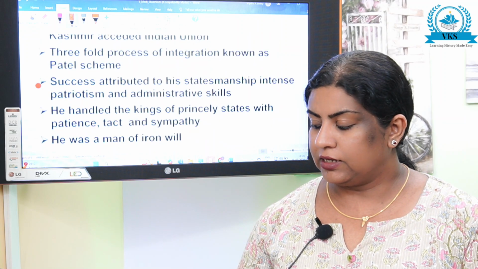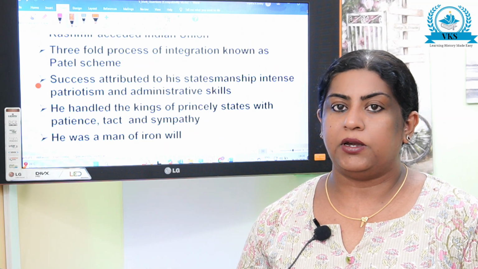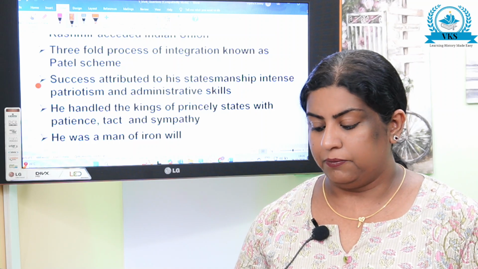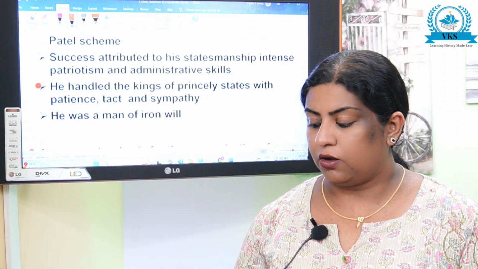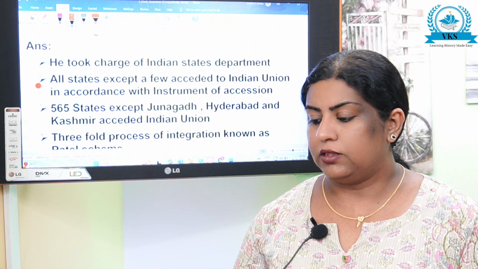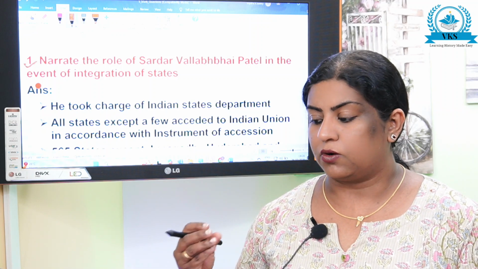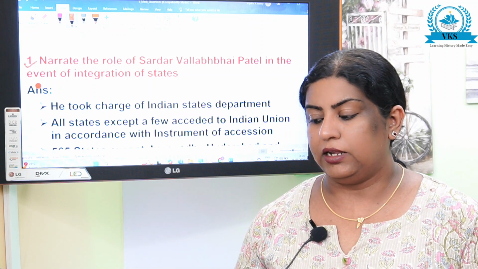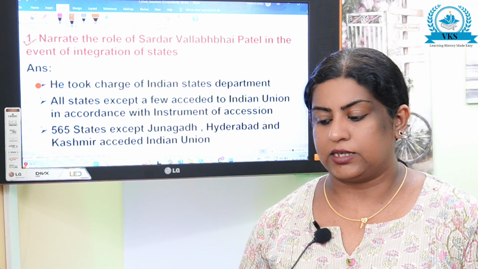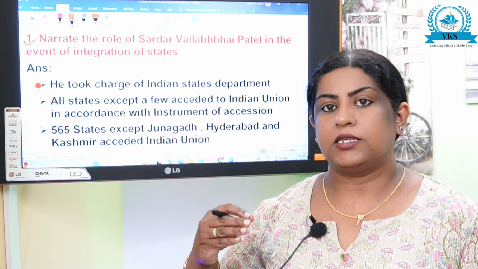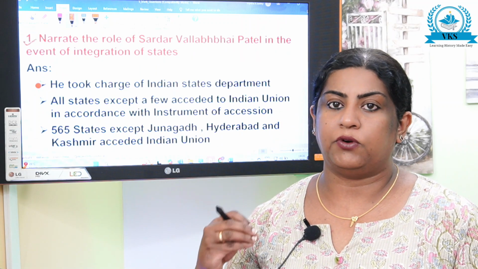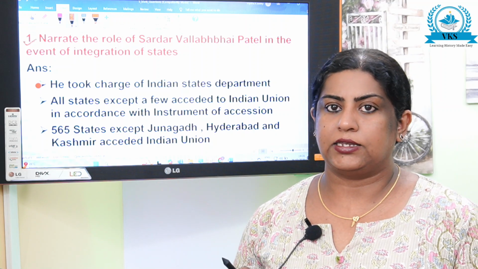He handled the kings of the princely states with patience, tact and sympathy, and he was a man of iron will. All these were the points related to the role of Sardar Vallabhbhai Patel in the event of integration of states. So these points plus a little bit of explanation for each point will be your answer.